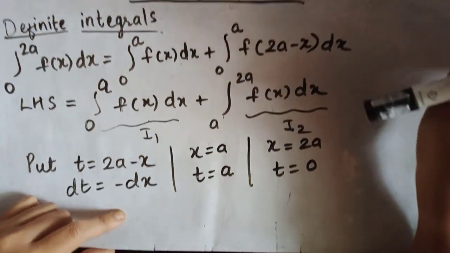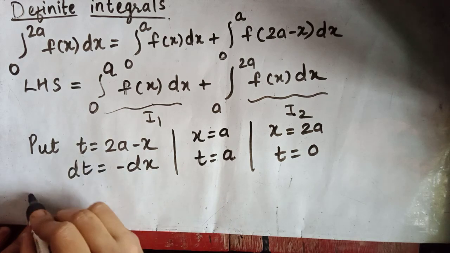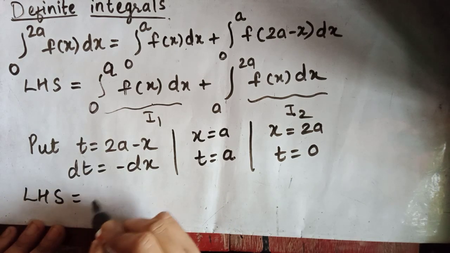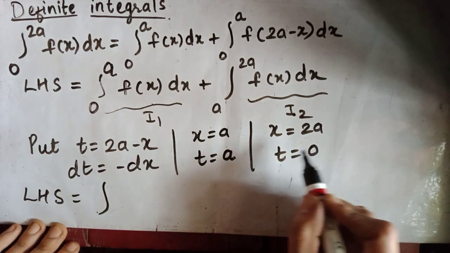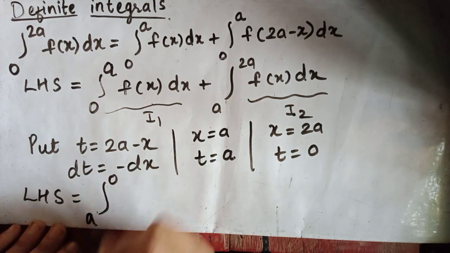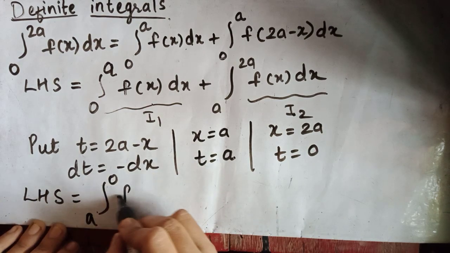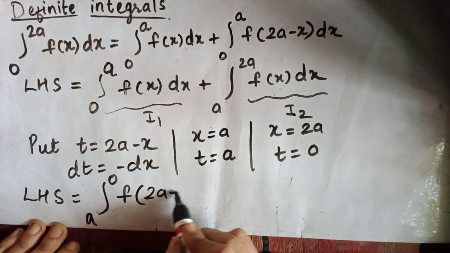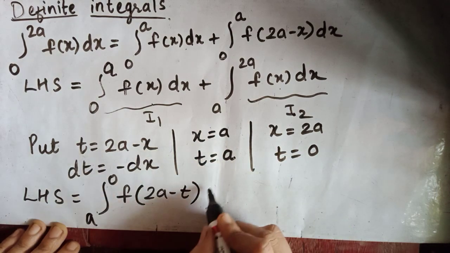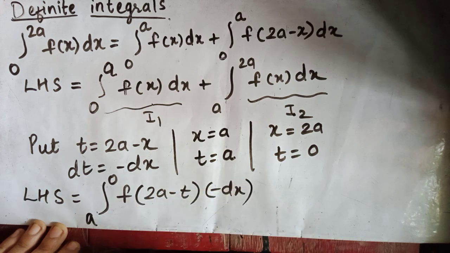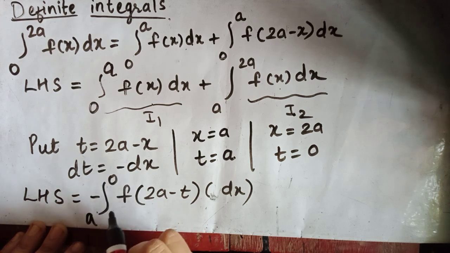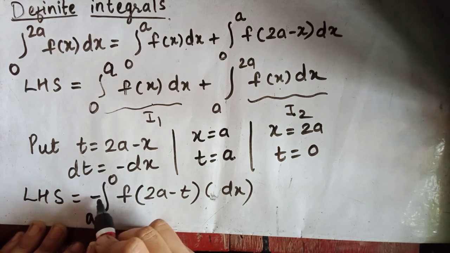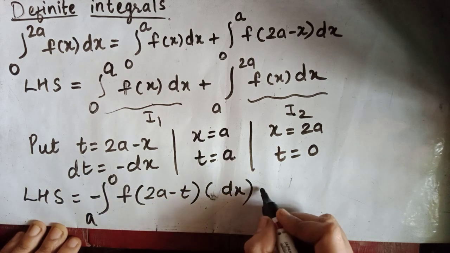So it will be I2 equal to limits from a to 0. Okay, f of, in place of x you are writing 2a minus t, and your dx becomes minus dt. So this minus you can take outside. Okay, now you can apply the property in which you change the limits and the sign goes.